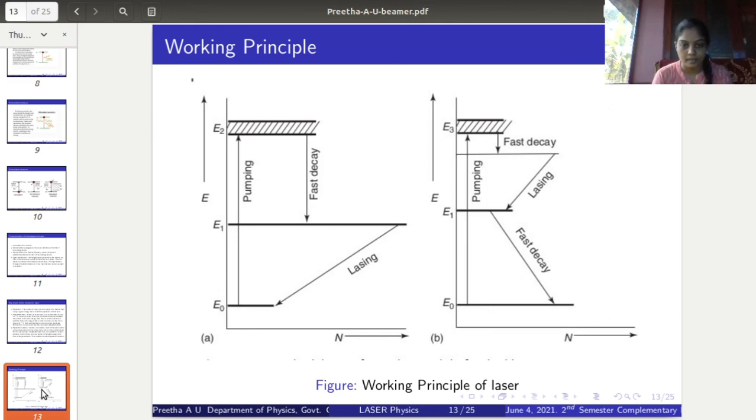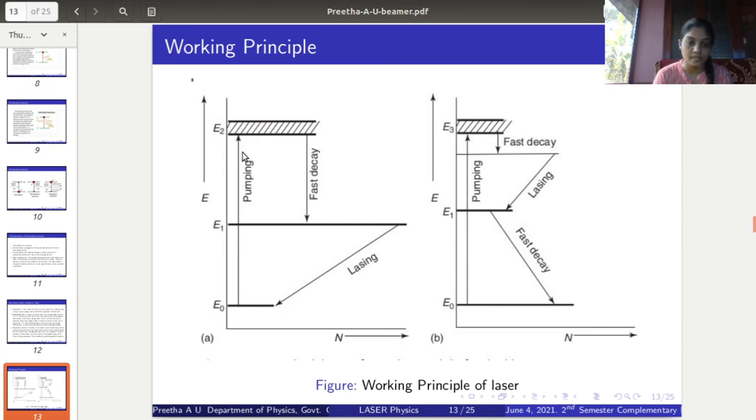Okay, so next we will explain the working principle of laser. I will start with an example. We are considering the energy levels here: this is the ground state energy level, and these are two excited state energy levels, for simplicity.